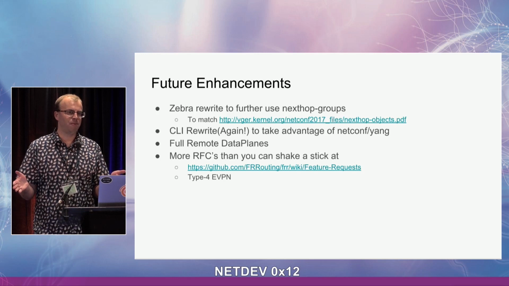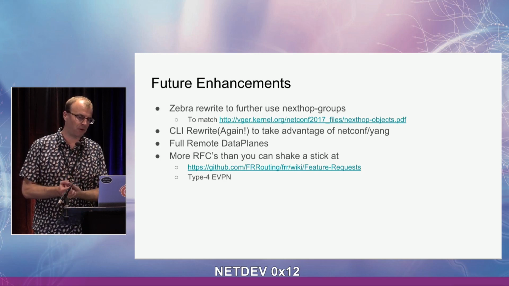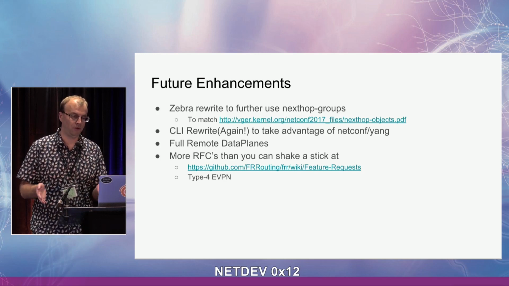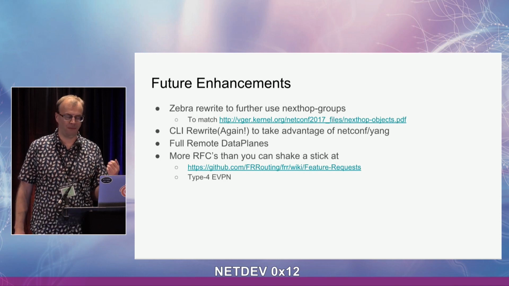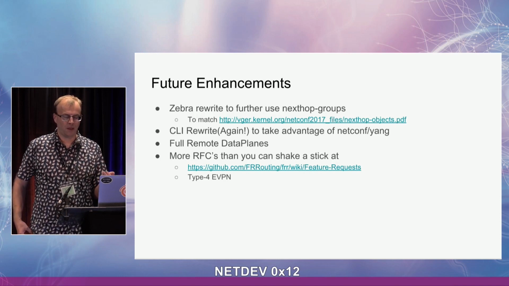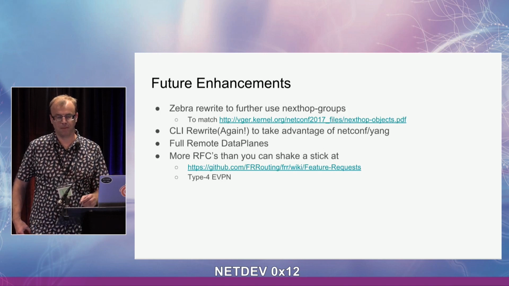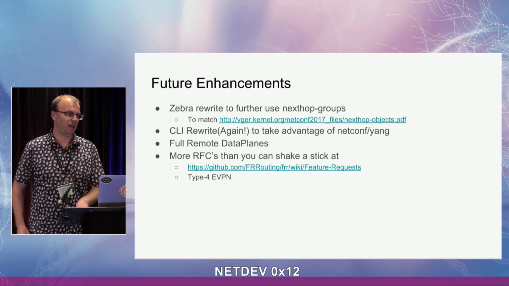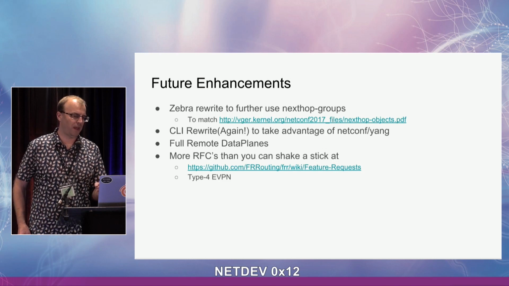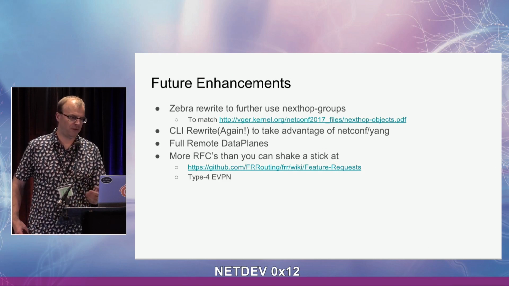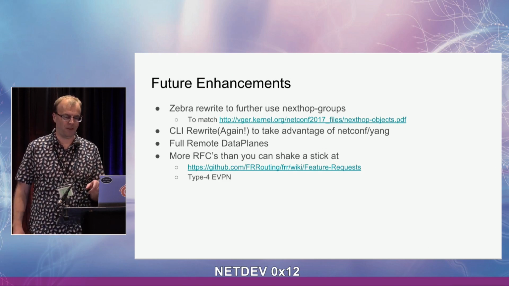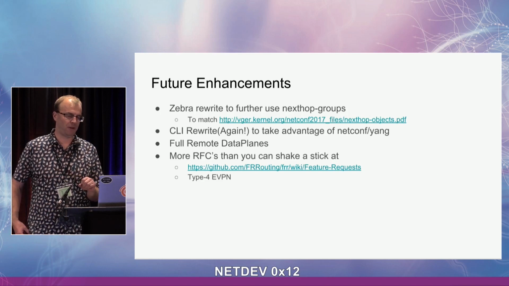That's going to bring new netlink protocol messages that we need to actually use, so that's something we're working on. We're also doing another CLI rewrite to take advantage of NETCONF and YANG. There's a semi-active pull request that will start that conversion, which is going to happen in the next couple of weeks, hopefully.